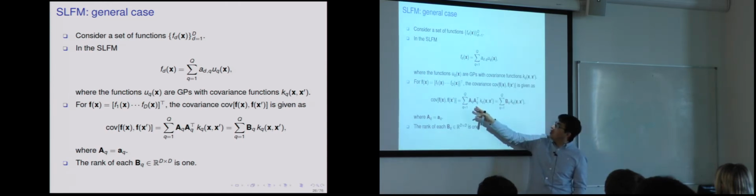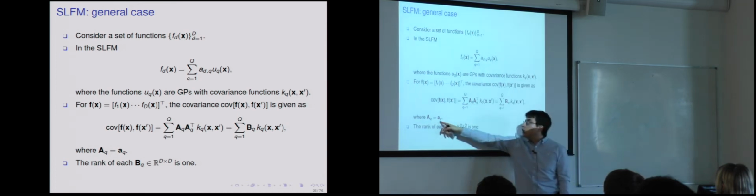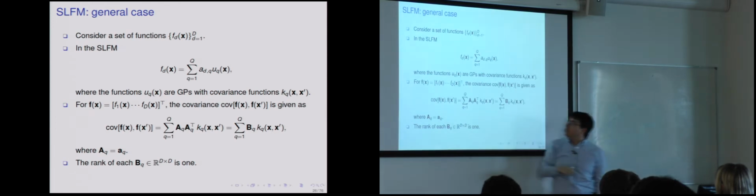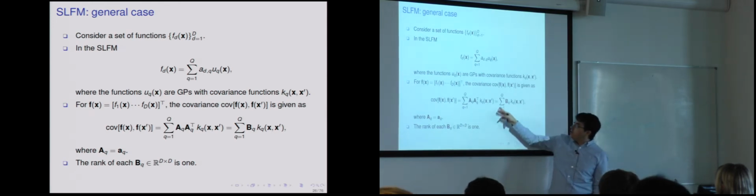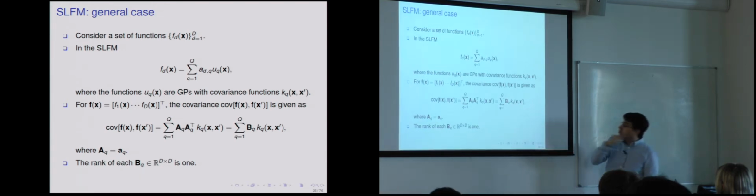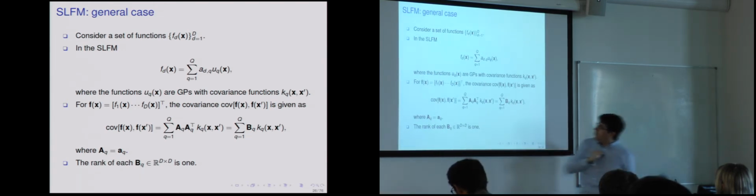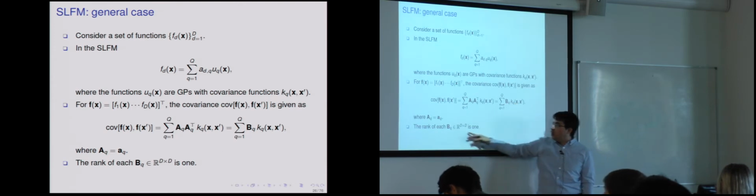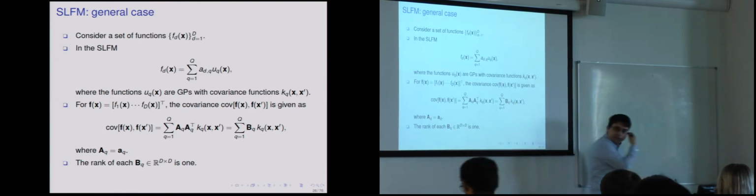I can group the vectors A into this matrix AQ, which actually is just a column vector, and then again express the covariance for this random vector value function as the sum from Q equals 1 to capital Q of BQ times the covariance for each of the processes. So something that we have to be careful here is that this matrix V sub Q is of rank 1, all of them. Yeah?